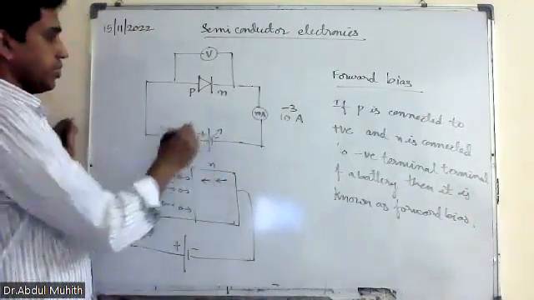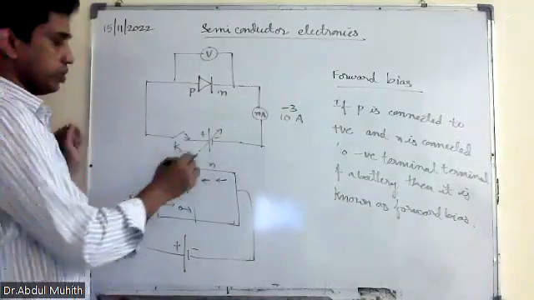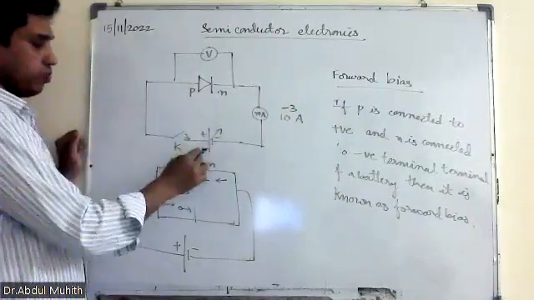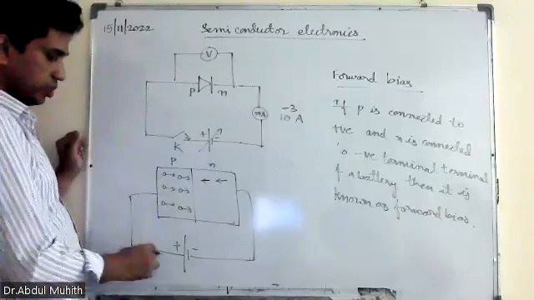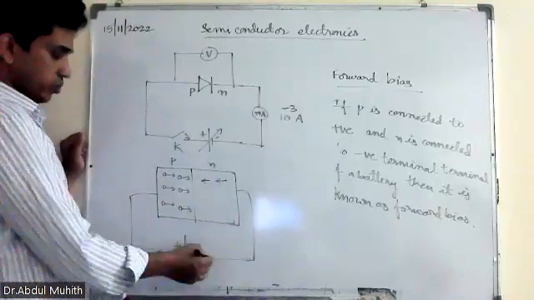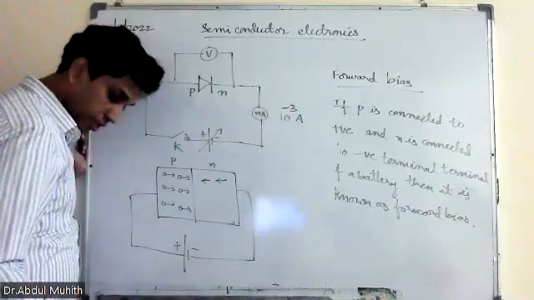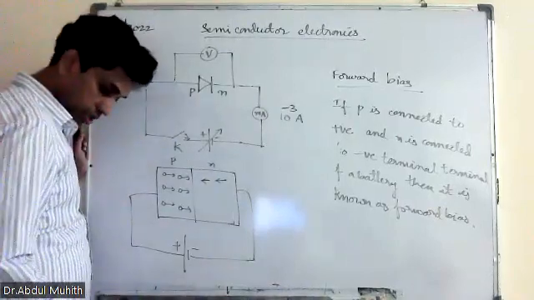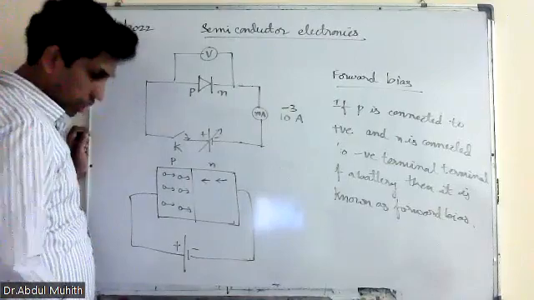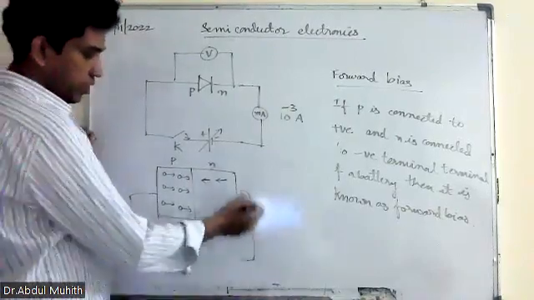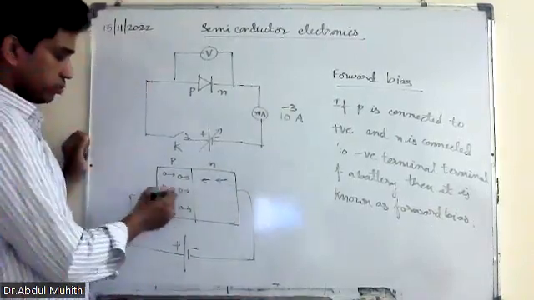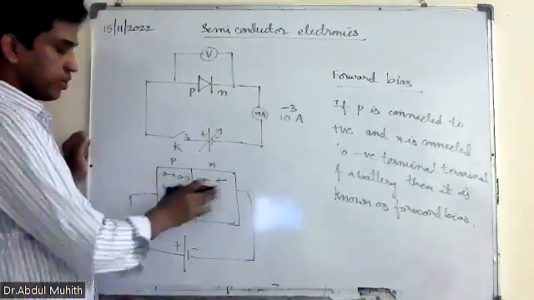So what happens when you close the switch, when P is connected to positive and N is connected to negative? Electrons start flowing. Electrons start moving here, and when electrons start moving here, holes start moving in the opposite direction.